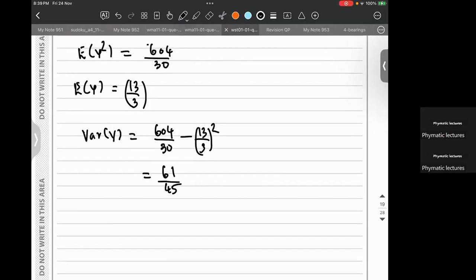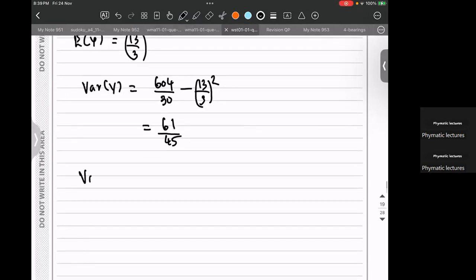So that is the variance of y. But the question is to find the variance of x. Variance of x is 4 times variance of y, so that is 4 times 61 upon 45.